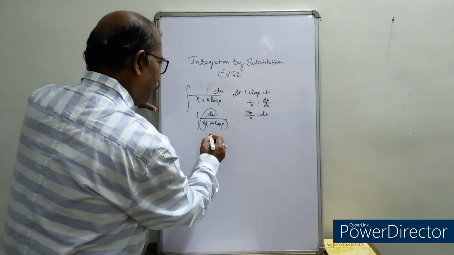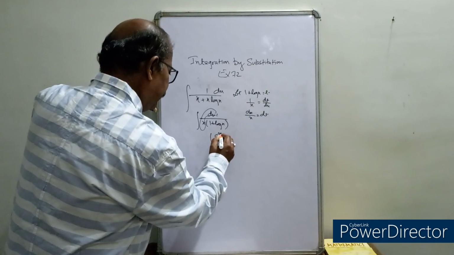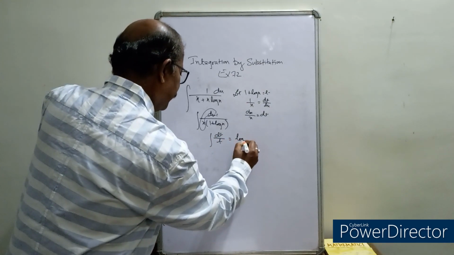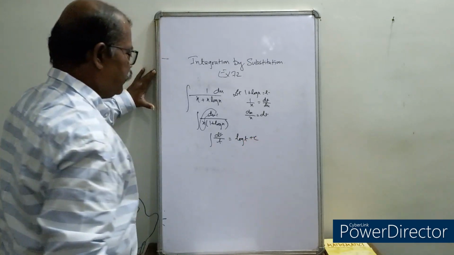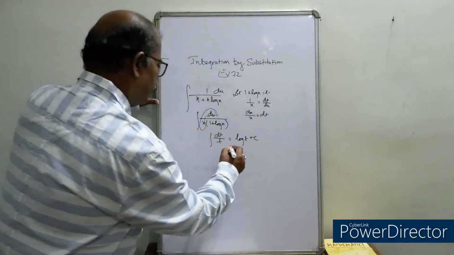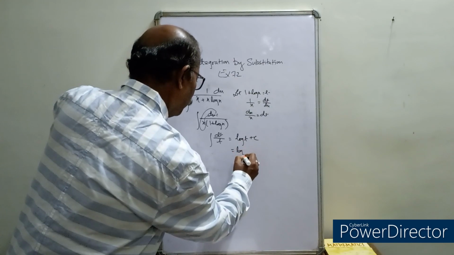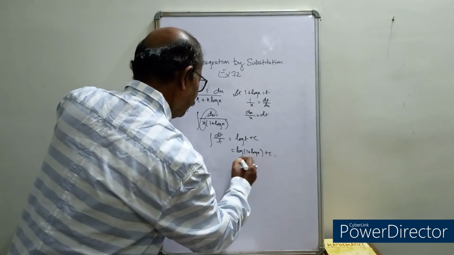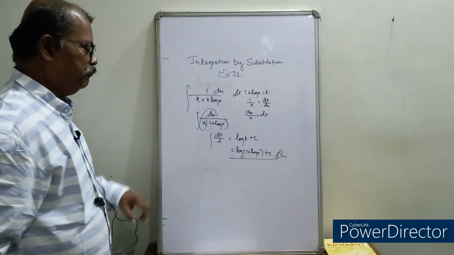Now I place the values, that is dt by t. So again your integration is log t plus an integration constant, and this log t is equal to log of 1 plus log x plus c. So this is your answer.